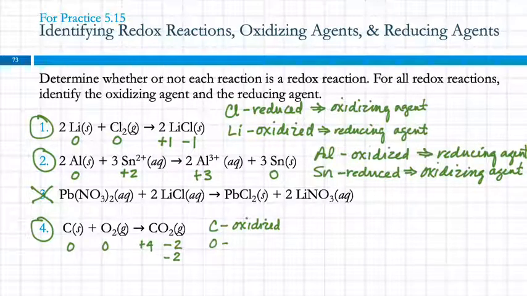And the oxygen is reduced. I cannot think of an example where oxygen gets oxidized. It doesn't happen. So if this is oxidized, that means it's the reducing agent. And the oxygen being reduced is the oxidizing agent.